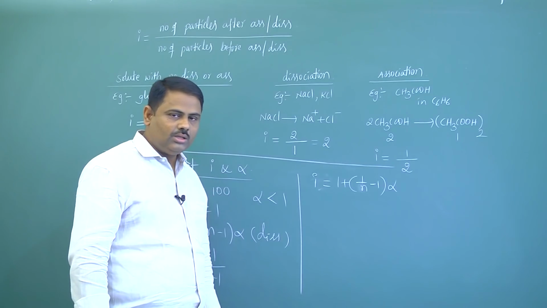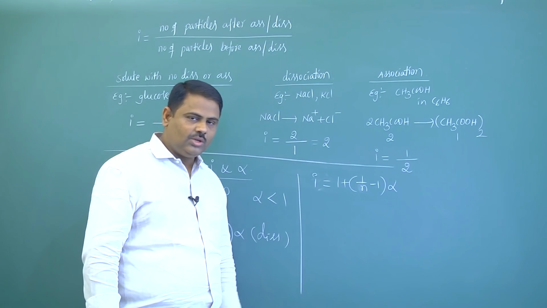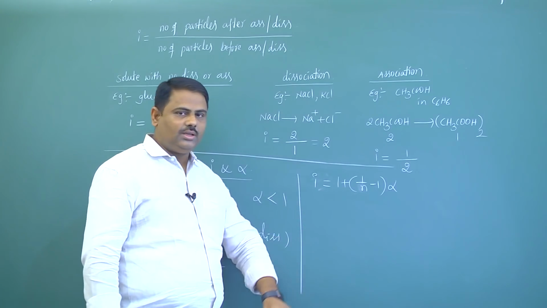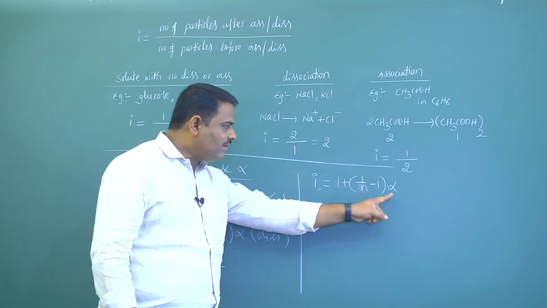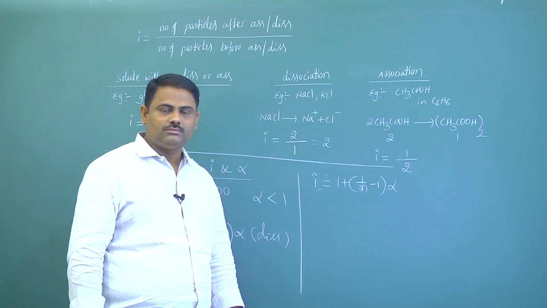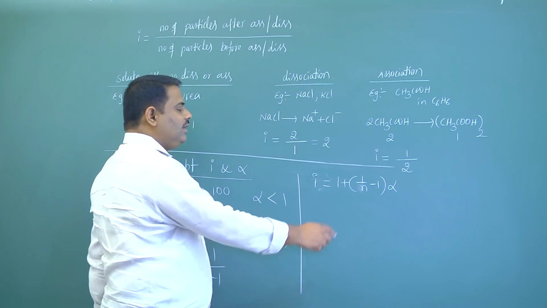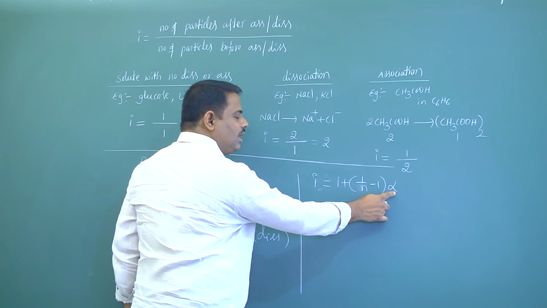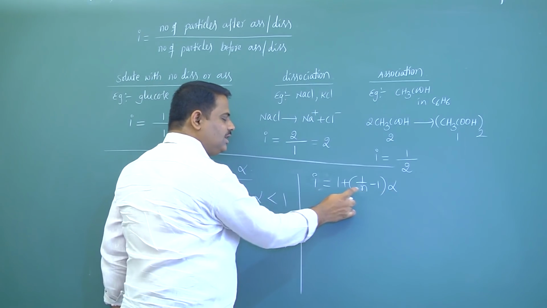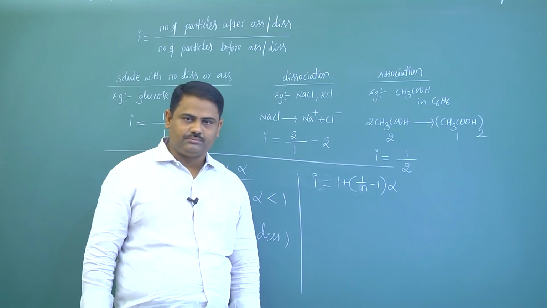For example, during dimerization n is 2. During trimerization n is 3. What is alpha here? Alpha is the degree of association. Now, if the alpha value is given and if you know n, then easily you can calculate i for association.